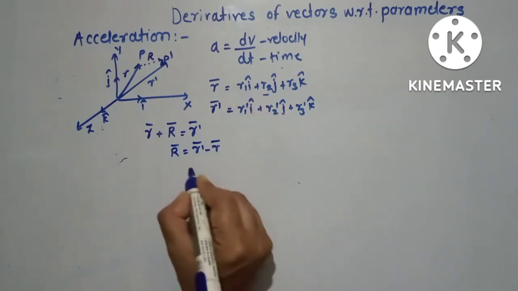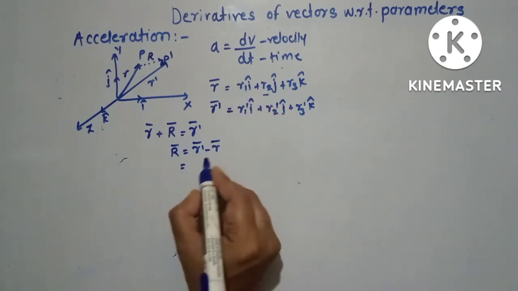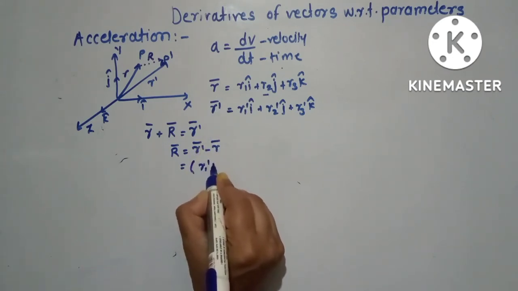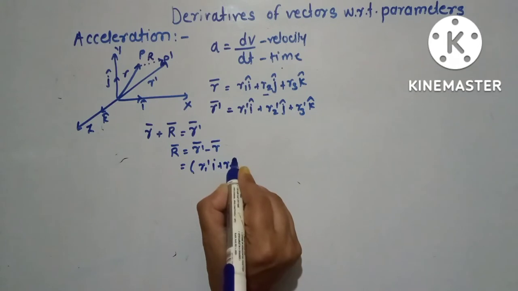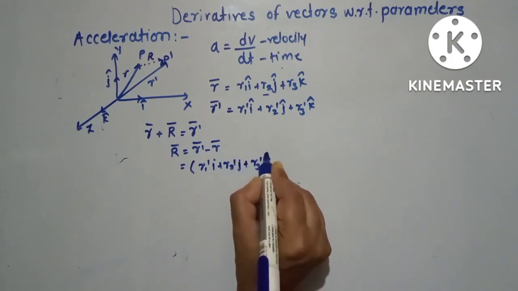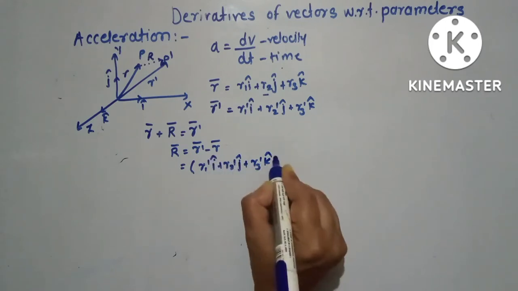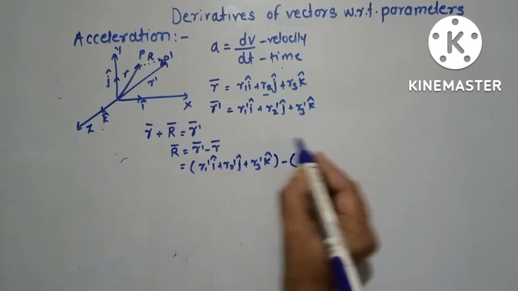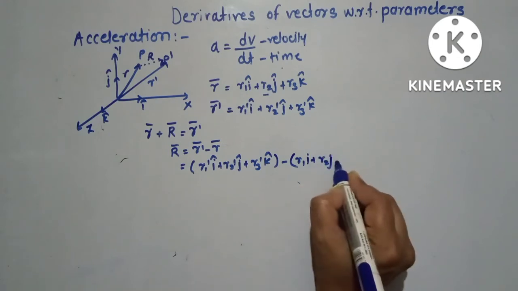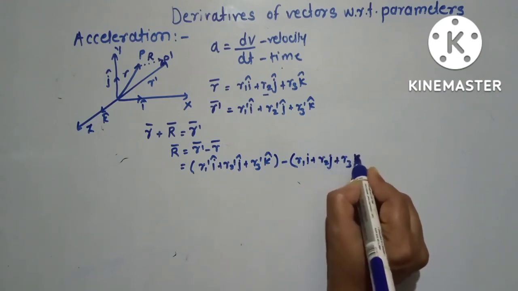Now just put the values of r dash and r here. We know that r dash is r1 dash i plus r2 dash j plus r3 dash k, minus r, where r is r1 i plus r2 j plus r3 k.